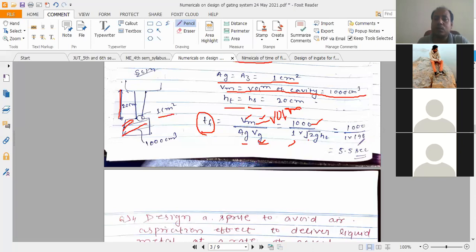So if you solve the question, the time required for filling the whole mold cavity is equal to 5.5 sec or 5.05 sec, I think.